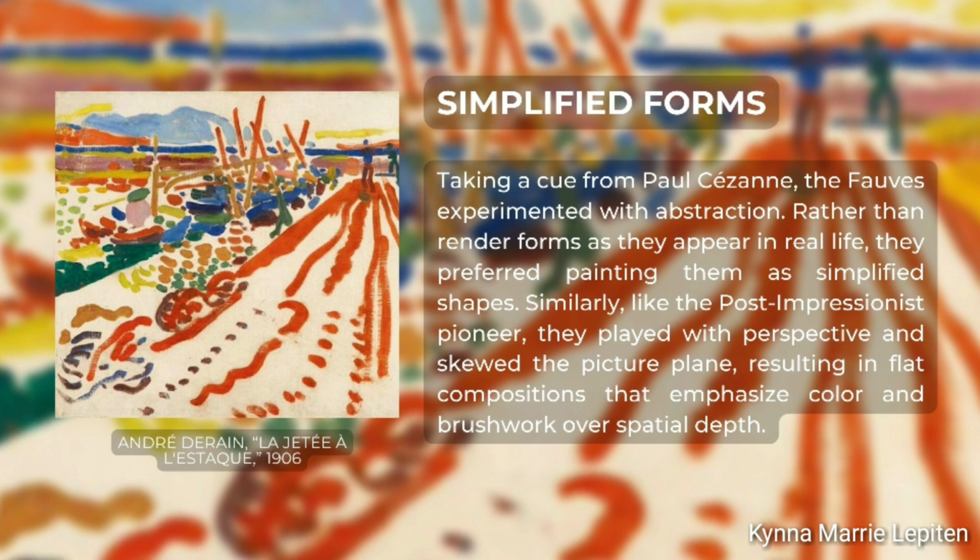Similarly, like the post-impressionist pioneer, they played with perspective and skewed the picture plane, resulting in flat compositions that emphasize color and brushwork over spatial depth. One example of simplified form is the artwork of André Derain, La Jetée à l'Estaque in 1906. The landscape is painted with nothing but simple color shapes and lines.